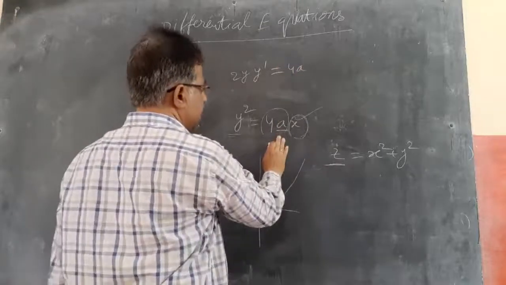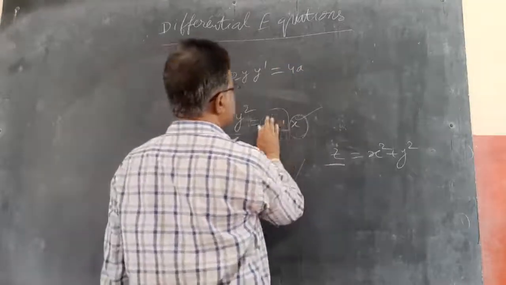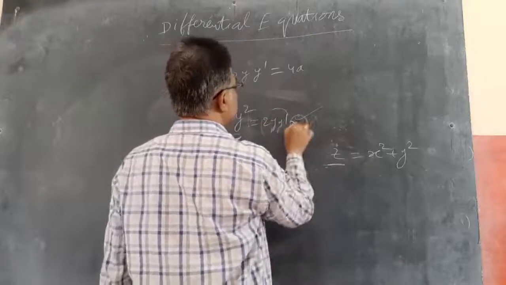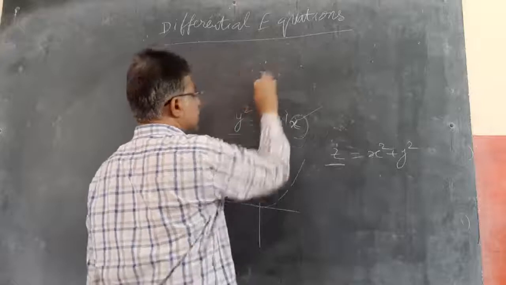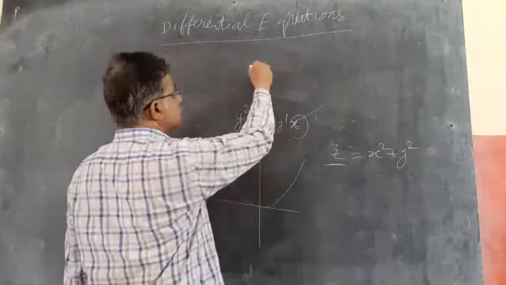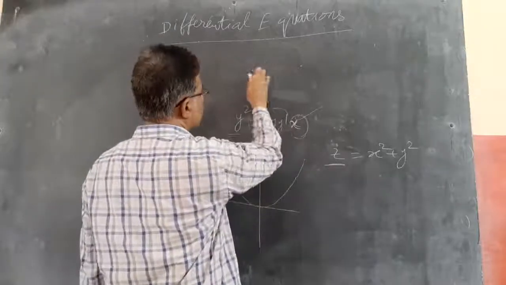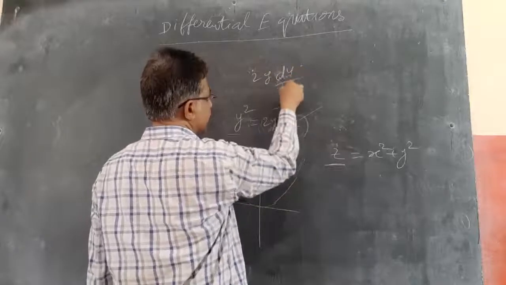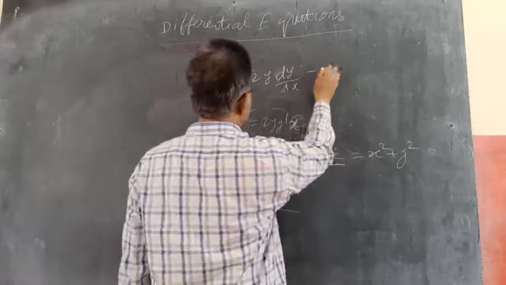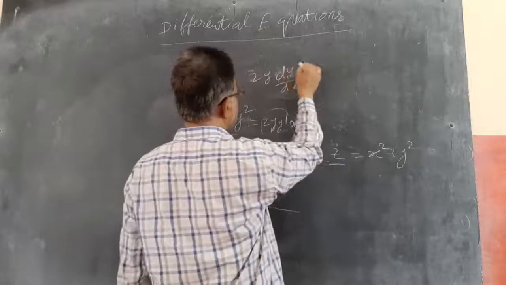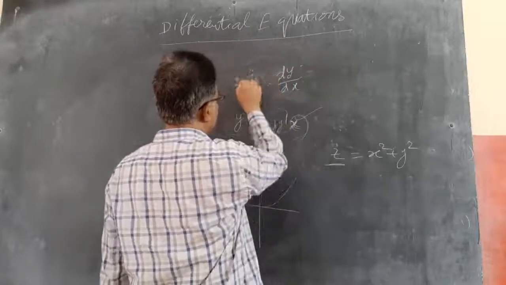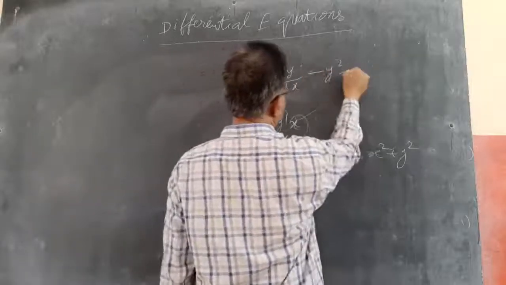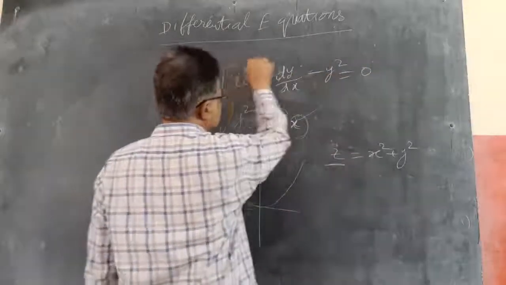If I substitute here, in place of 4a we get 2xy into dy by dx minus y square equal to 0. This is called a differential equation.